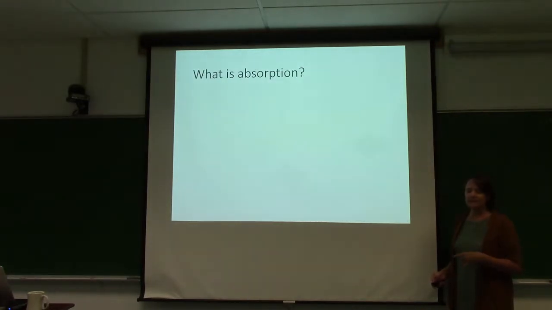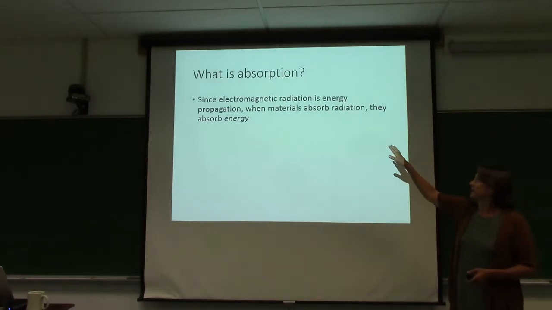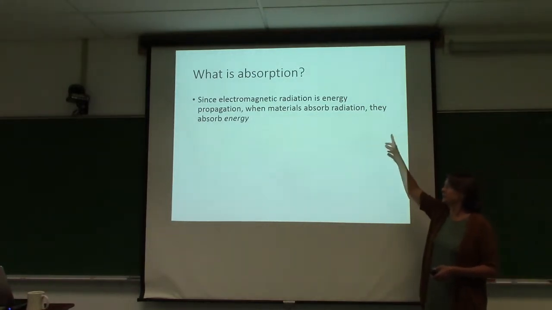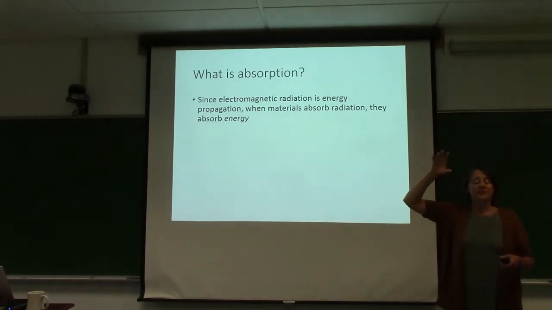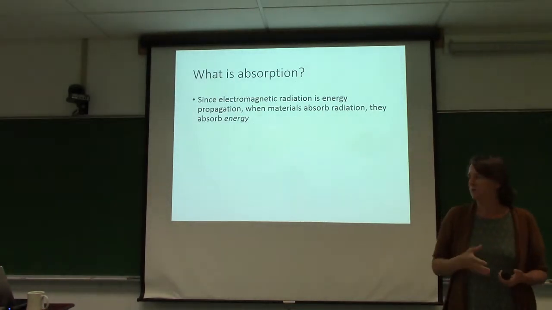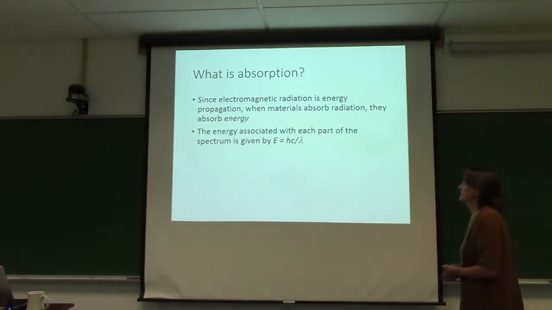So what is actually happening when we have absorption? Since the electromagnetic radiation is propagating, when materials absorb that energy, different things happen to those compounds or molecules depending upon what the energy is.